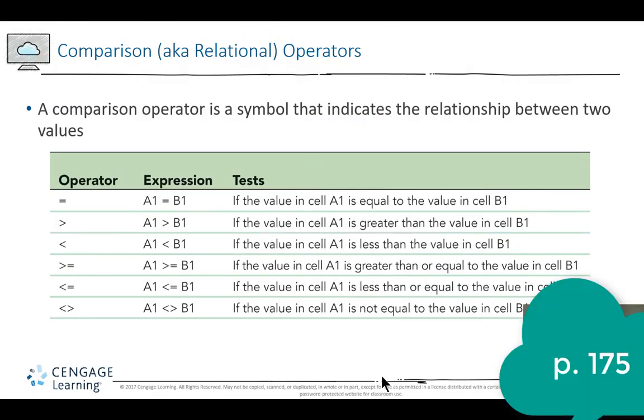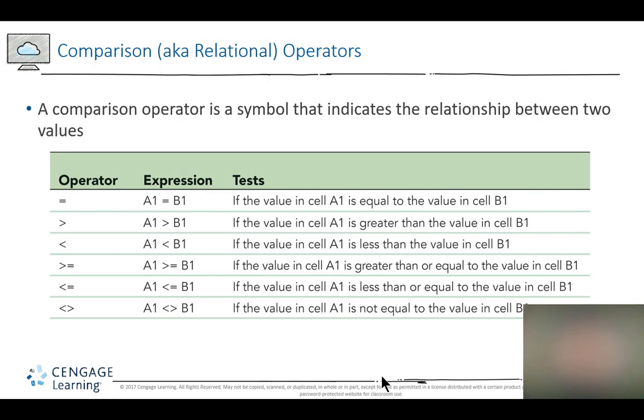Comparisons are also known as relational operators. You should be familiar with these from mathematics. These are used to compare a relationship between two entities or values. So there will be one item on the left of the operator and one item on the right side of the operator.